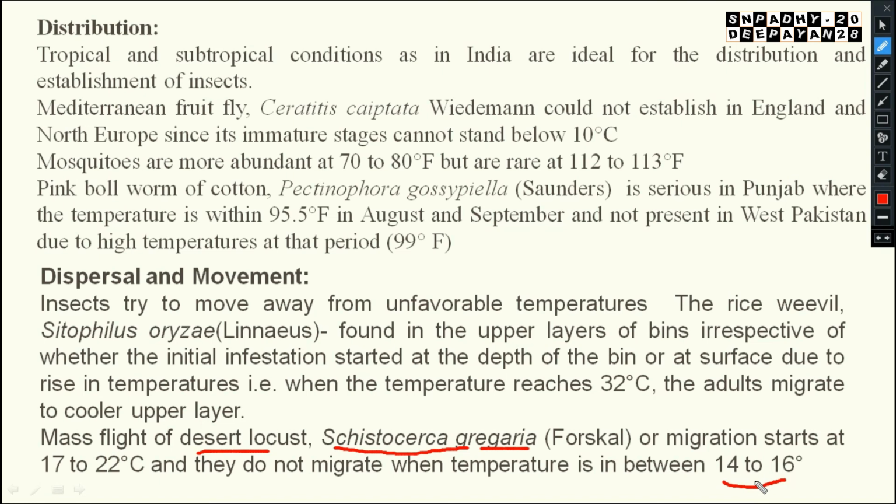But when the temperature increases above 16, that is 17 to 22 degrees centigrade, they will develop a tendency to start the migration process, the mass flight. That means 14 to 16 was optimum. As the temperature has increased to more than 16, they must migrate to a place where the temperature will again be less than 16 degrees centigrade.